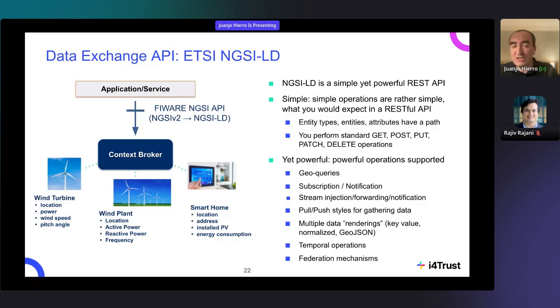Going a bit more in detail into the two elements, the API and the data models, NGSI-LD, as we like to say, is a simple yet powerful API.